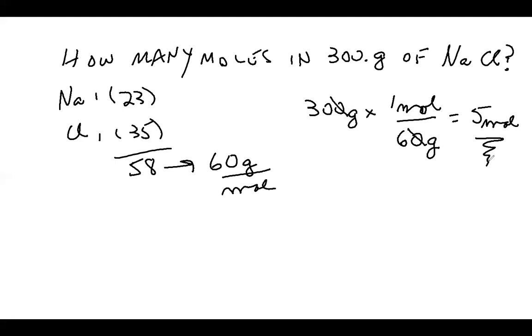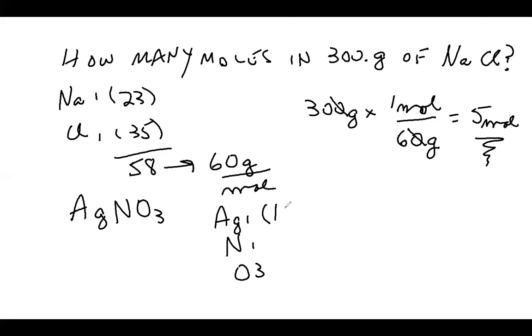Okay, so again, let's just do another molar mass, see how we round that. If we were doing the molar mass for silver nitrate, if this was for some other problem. So we have 1 silver, 1 nitrogen, and 3 oxygens. The periodic table tells us silver is 107.87, so we can make that a 108.